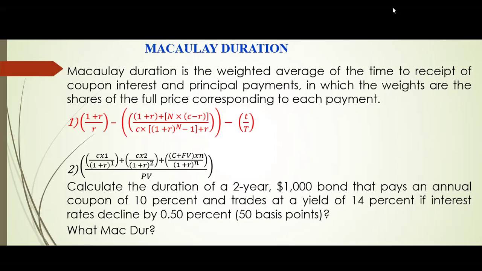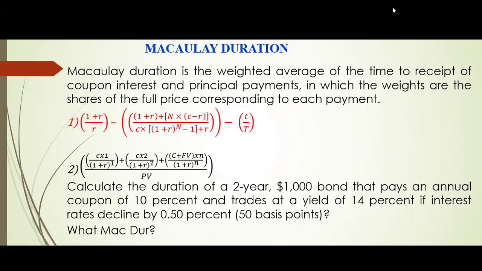For example, this example says to calculate the duration of a 2 year bond with a face value equal to 1,000. Sometimes this is called par value or future value.